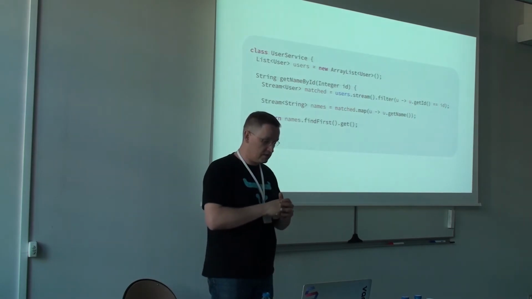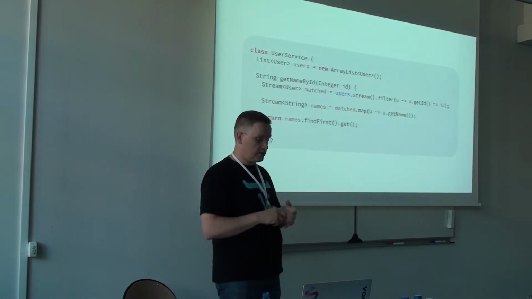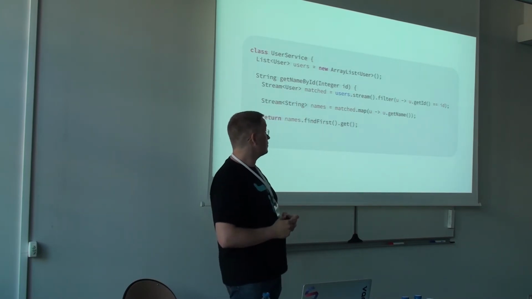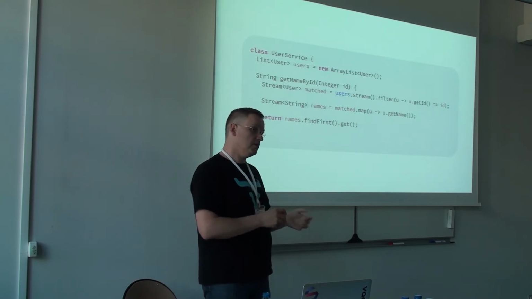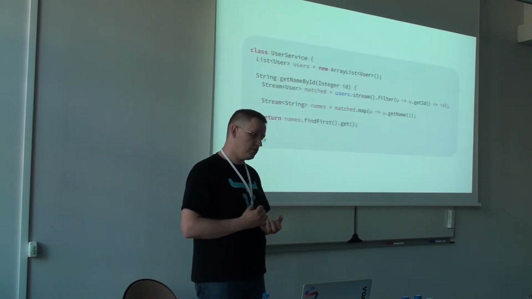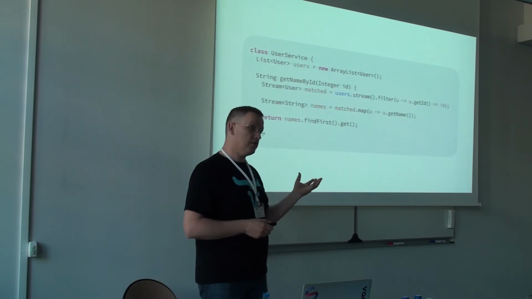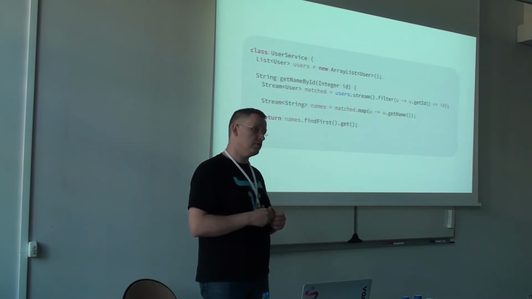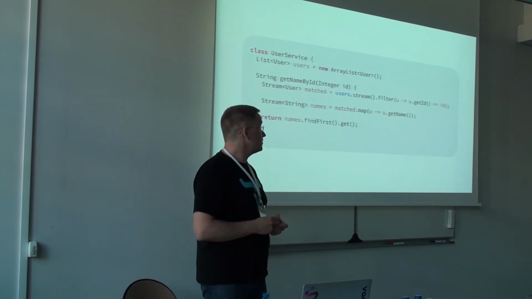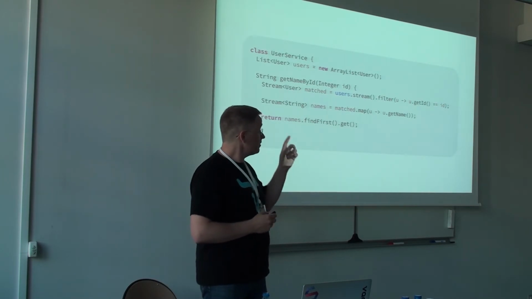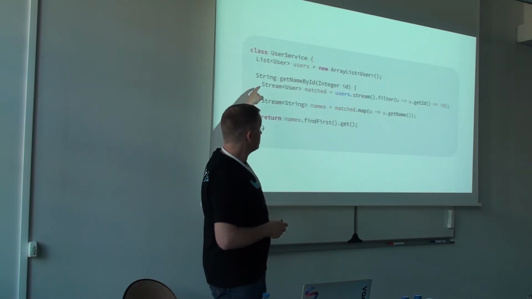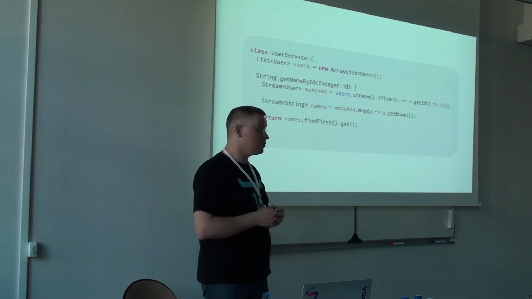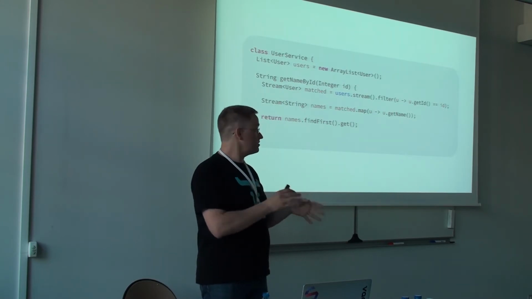For example, let's say this has a user service with some list of users, and we want to get a username based on the user ID. So first we could convert the user list into a stream, which is the Java 8 way to be able to use functional stuff, and filter it by user ID. So the matched stream here will only contain users that have this user ID.